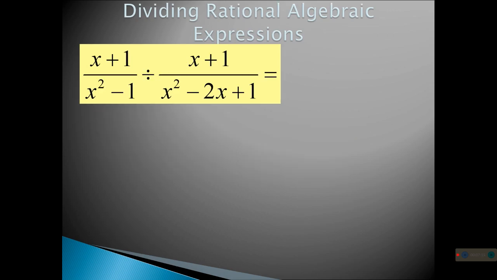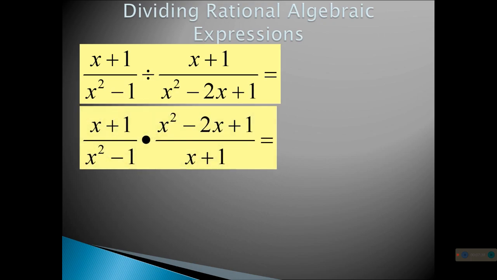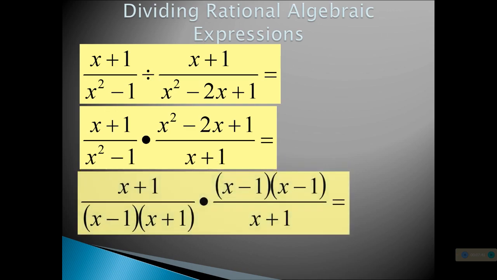Okay? Another. We have (x plus 1) over (x squared minus 1) divided by (x plus 1) over (x squared minus 2x plus 1). So again, copy the first fraction, flip the second fraction, and change the division sign to a multiplication sign. And then factor the numerators and the denominators that are factorable.